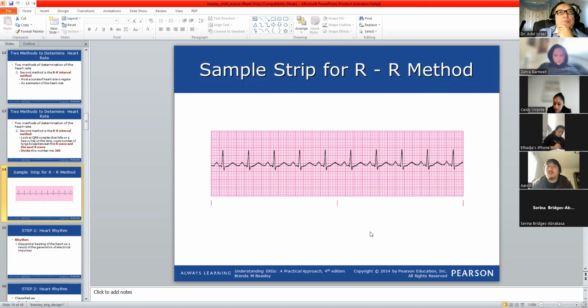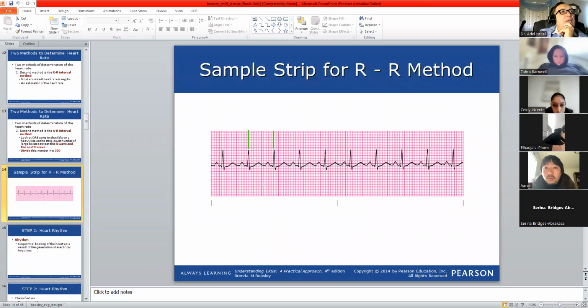The second procedure is to go by the big square. Let me help you to start. The second method is from R to R. So if I go like this, this is R, and this is R. So how many big squares?